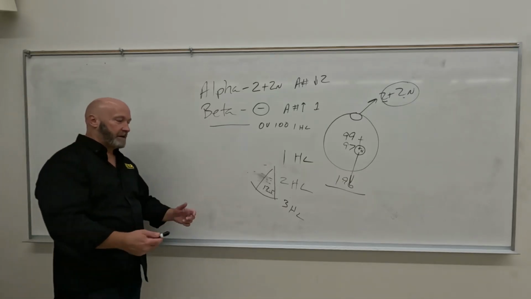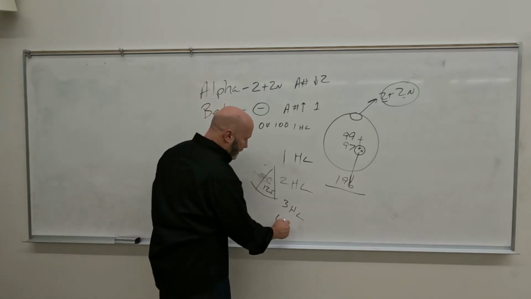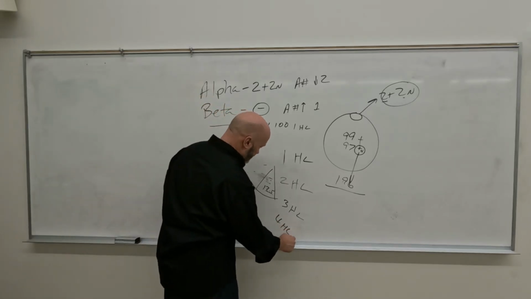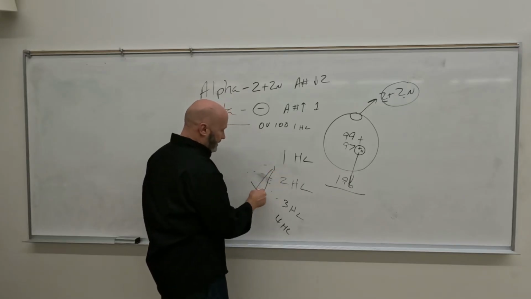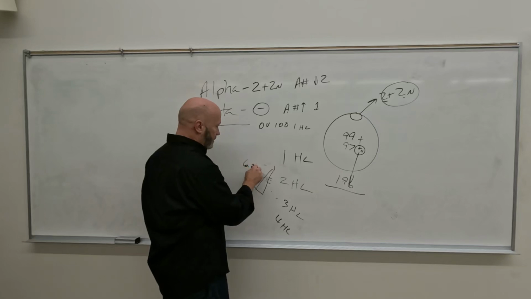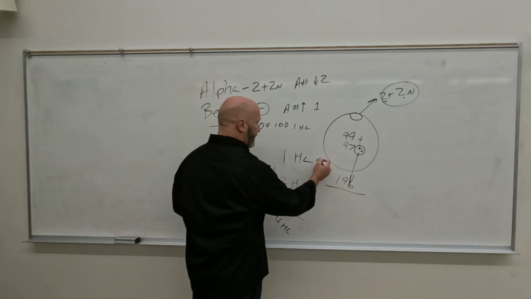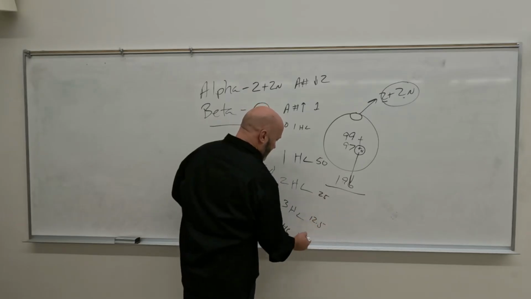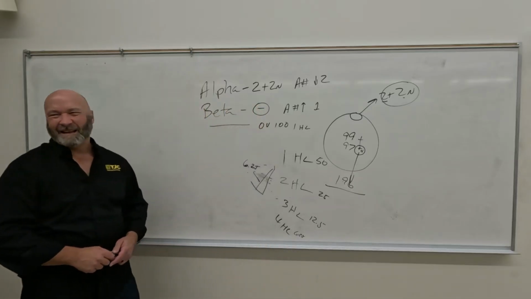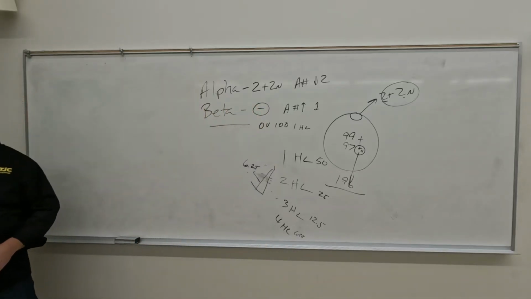And you could take that down again, 4 half-lives would be 6.25. Now we're starting to get to a point where it's going to be hard to divide it, but 6.25. So 1 half-life gave us 50, 2 half-lives gave us 25, 3 gave us 12.5, and 4 gave us 6.25. It's really simple to calculate. On the test, just draw it out, and divide it out. It's not that hard to calculate.